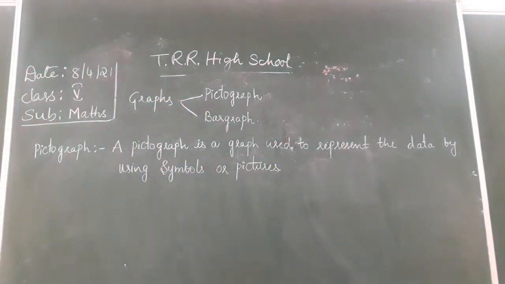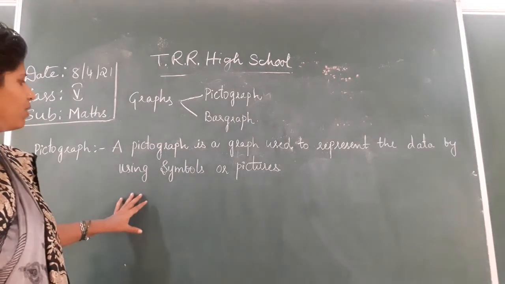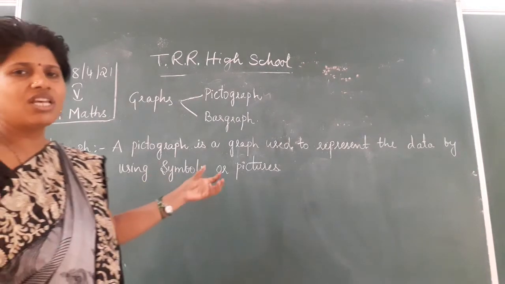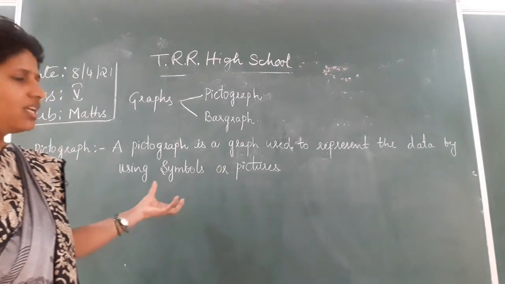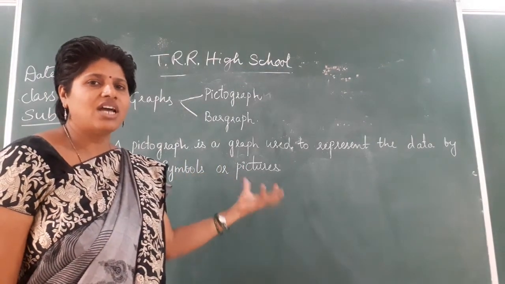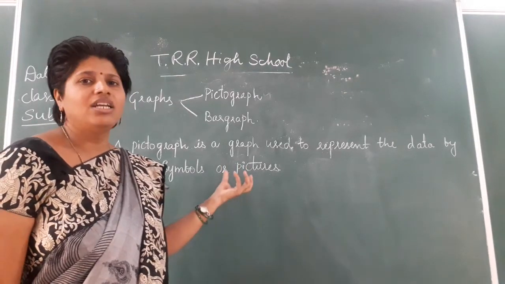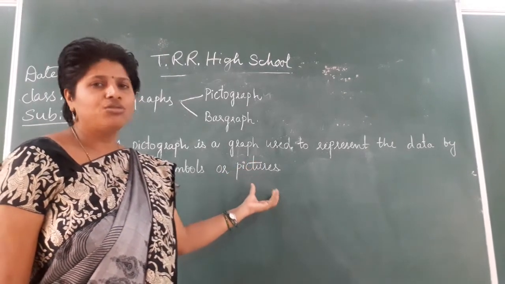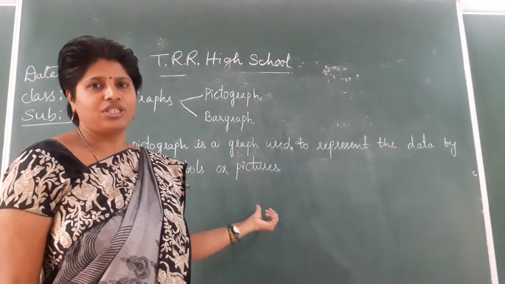So we represent the given data by using some symbols. Suppose a sun is there, we will draw the sun. Suppose a tractor is there, we will draw the tractor. If some flowers are there, we will represent that data with the use of some symbols and pictures.